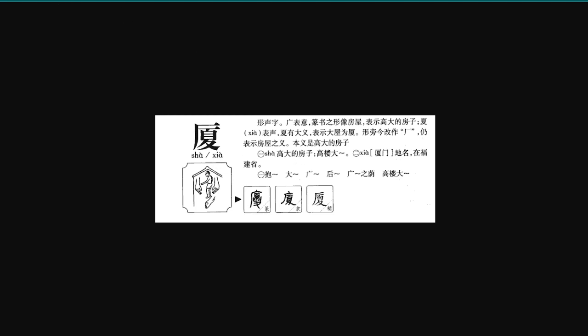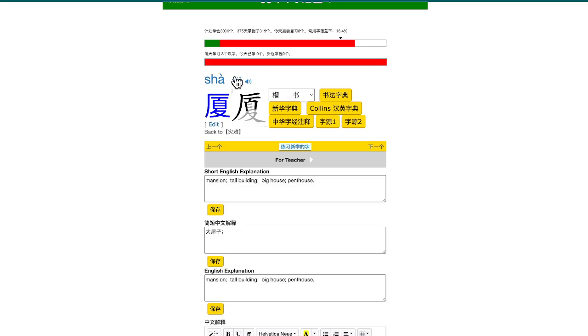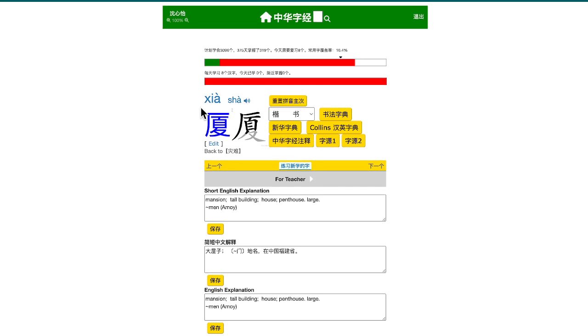All right, the next one is the second pronunciation of this character, called xia. This character has two pronunciations and means the same thing. This xia is also the name of a pretty famous coastal city in China called Xiamen.